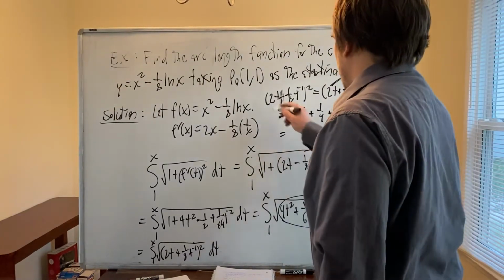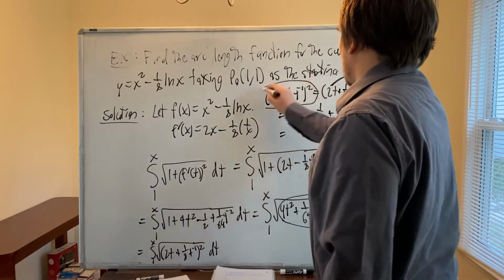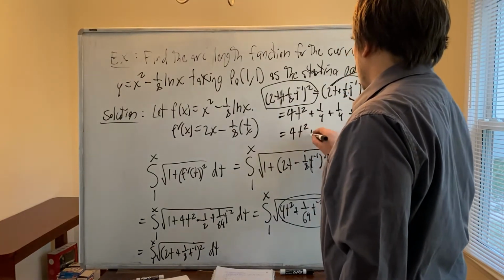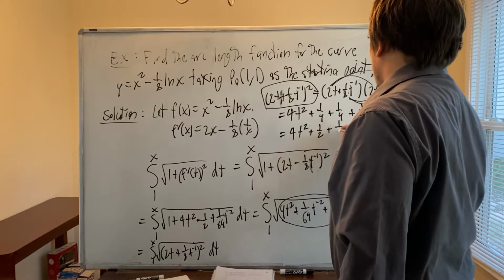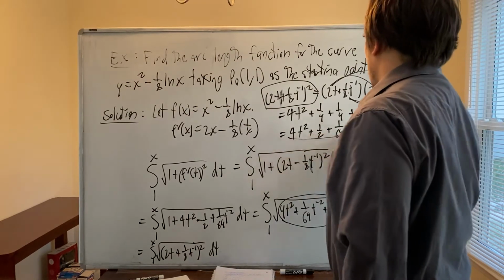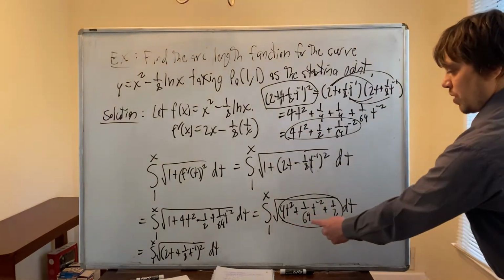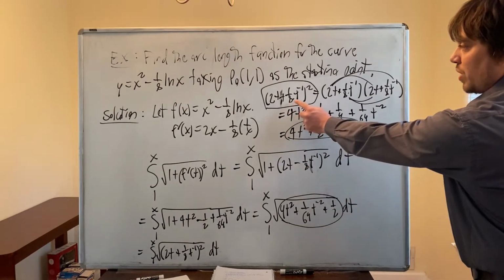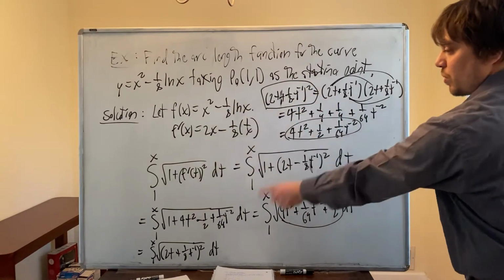So when you combine, this squared is equal to 4t squared plus 1/2 plus 1/64 t^-2. So 4t squared plus 1/2 plus 1/64 t^-2 is (2t + 1/8 t^-1) squared.